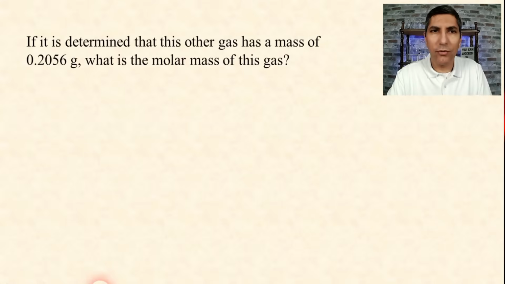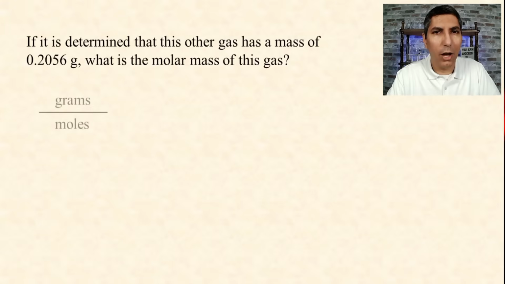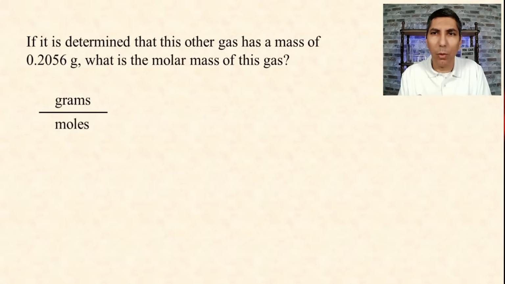Now, let's go a step further. If it is determined that this other gas has a mass of 0.2056 grams, what is the molar mass of this gas? Well, all we have to do there is recognize that molar mass is measured in grams per mole. And so that implies we have to take grams and divide it by the moles.